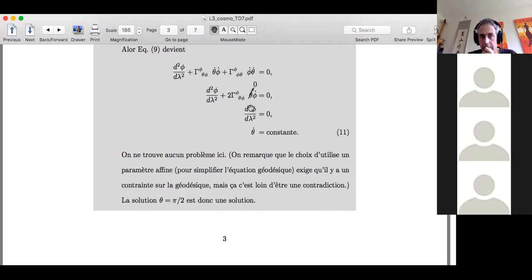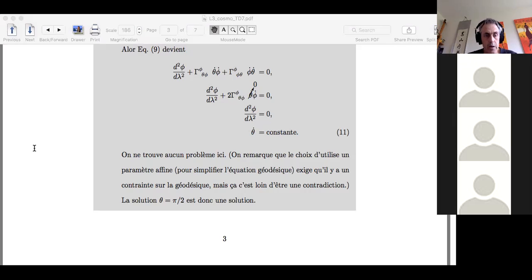Okay, so theta dot is 0. So even though these other things are non-zero, theta dot is 0, so that term drops out. So we have the second derivative of phi equals 0. Let me fix that error.